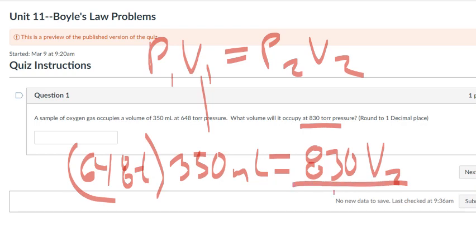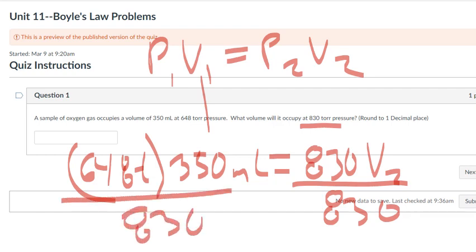So I divide both sides by 830, and then grab my calculator. My calculator that I dropped on the ground. That was fun. You don't have to do that for full credit. Don't worry.